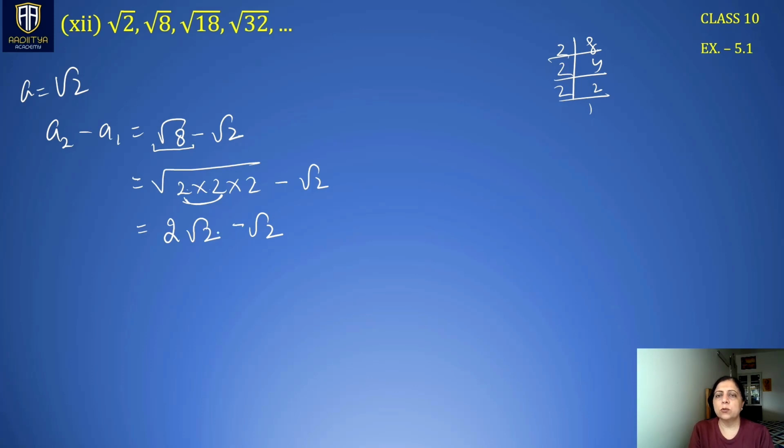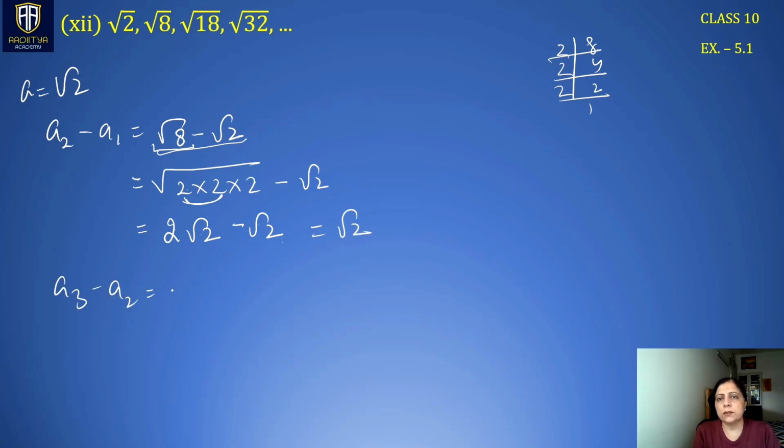So now this is 2 root 2 minus 1 root 2. These things can be solved if you know how to do it, and if it can be further factorized into smaller units. Now these are like surds, that means root 2 and root 2. So 2 root 2 minus 1 root 2 is root 2.